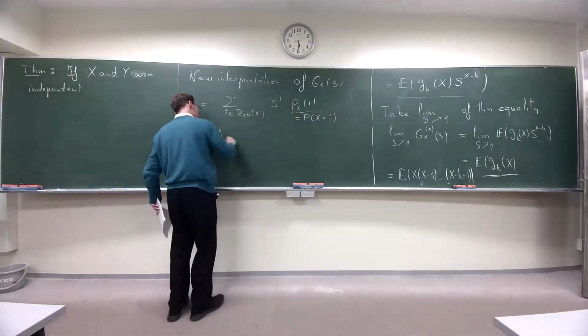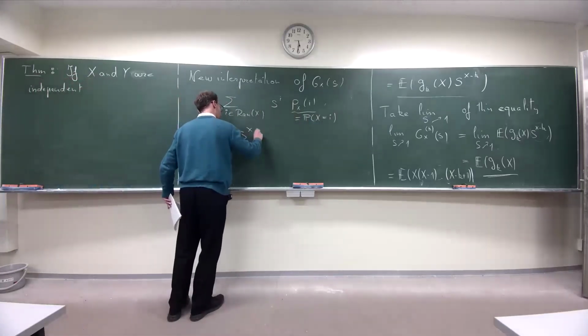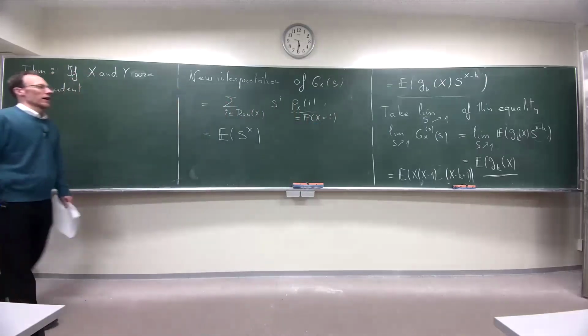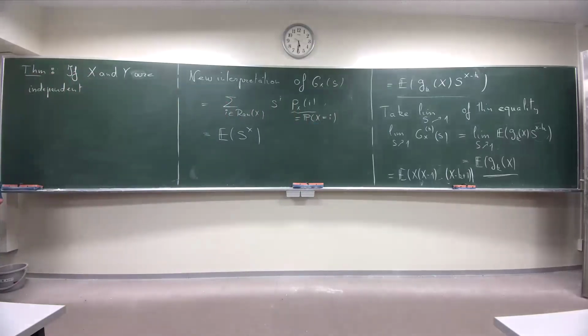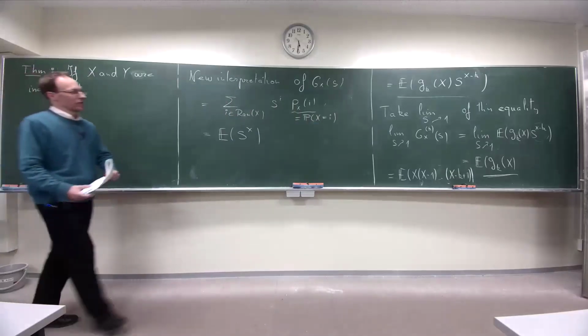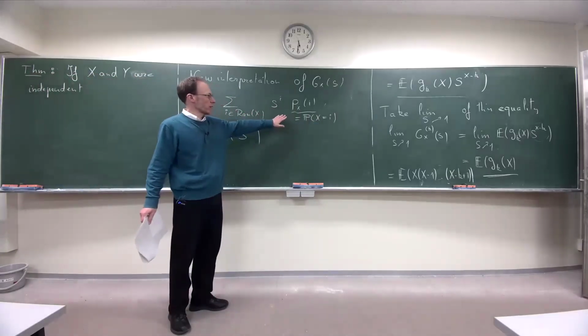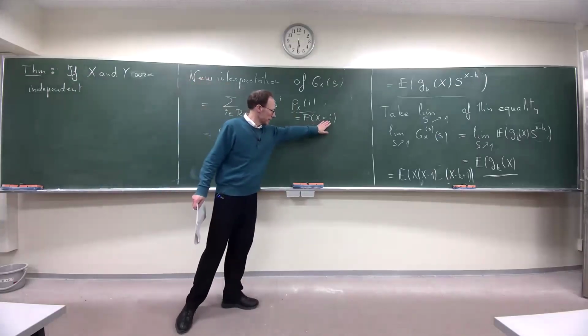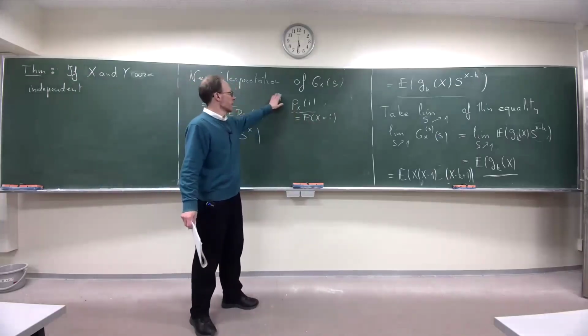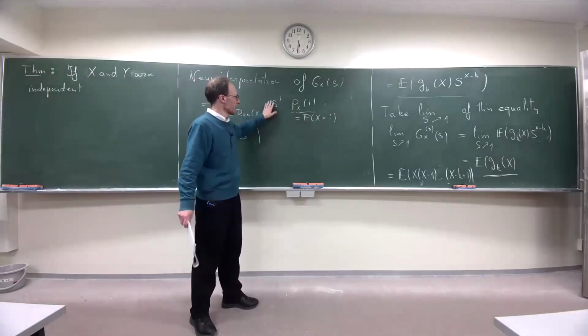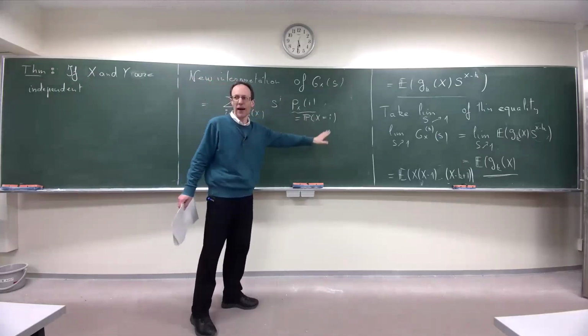Observe that this is, again with Lotus, when you look at Lotus, for an arbitrary random variable, it would be x_i, and here we would have a function of x_i. But now x_i is i.